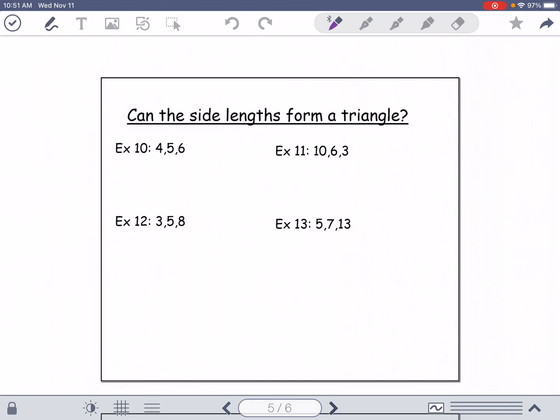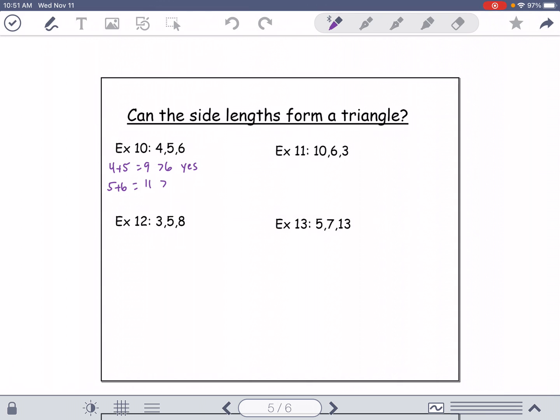Here's our example. We're going to be given three numbers. Can these side lengths form a triangle? So let's see. You've got to add them all together. 4 plus 5 is 9. Is 9 greater than 6? Yes. All right. 5 plus 6 is 11.